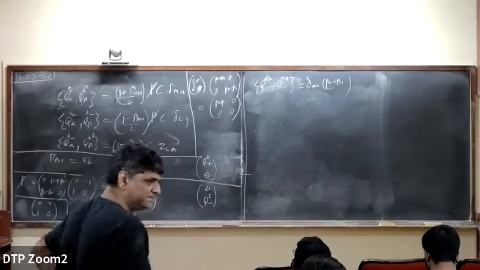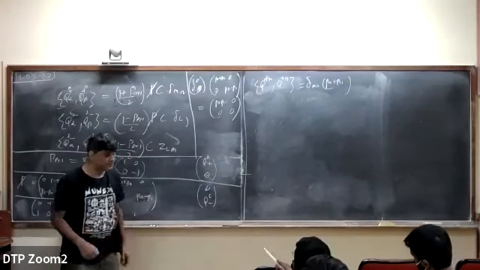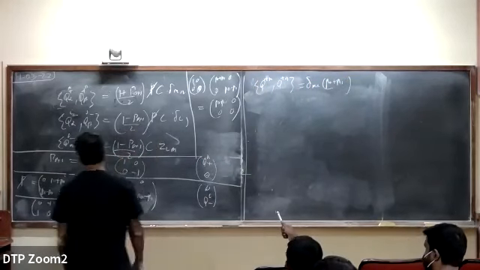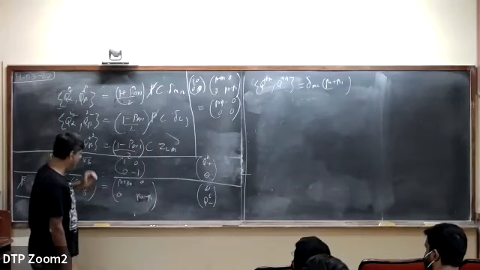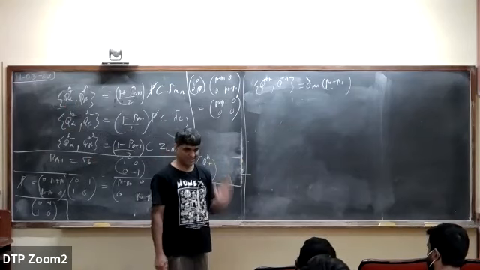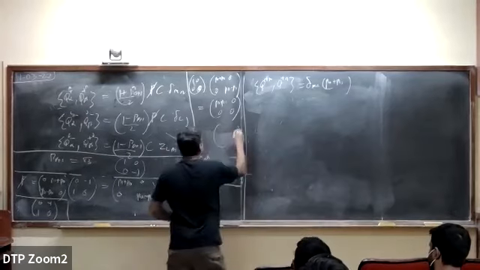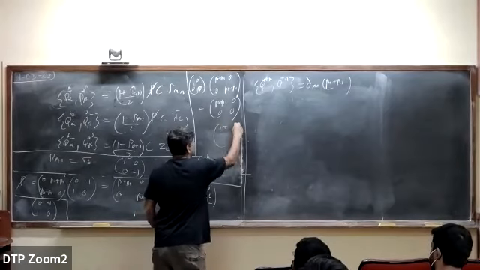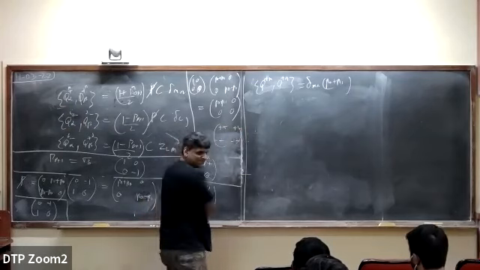Is this clear? It's in alpha beta space, correct? And the indices alpha beta take plus or minus values. So when we write down a matrix here, this is plus plus, this is plus minus, this is minus plus, and this is minus minus.